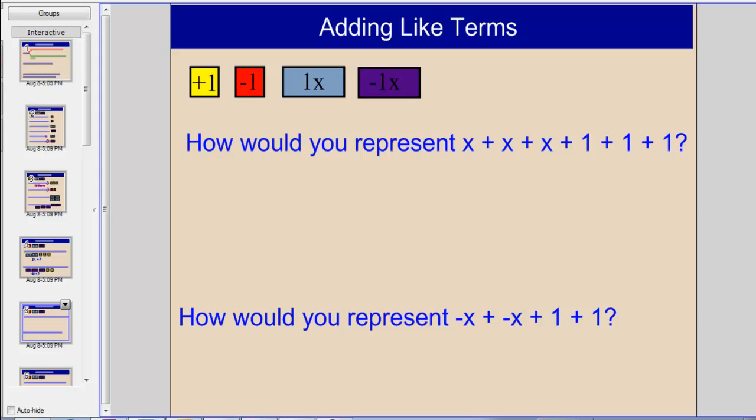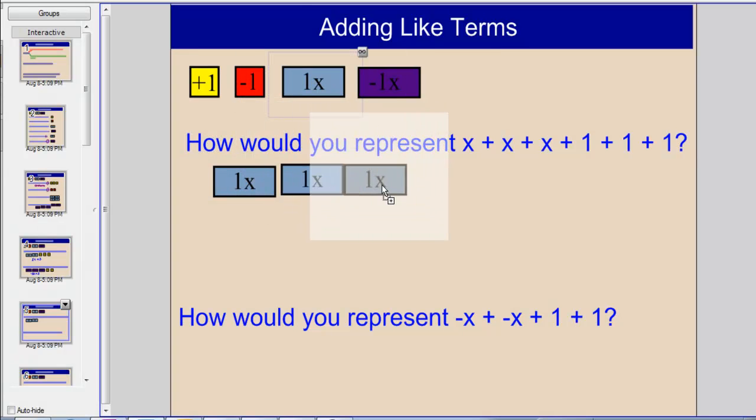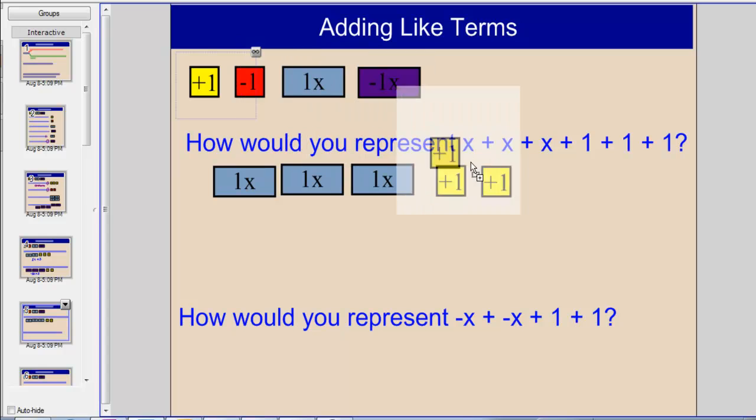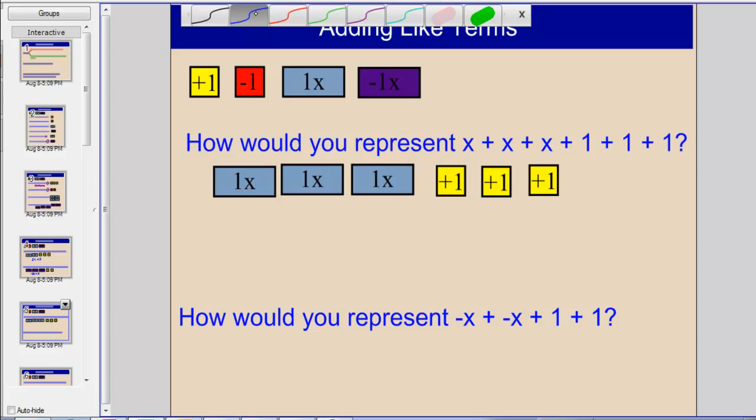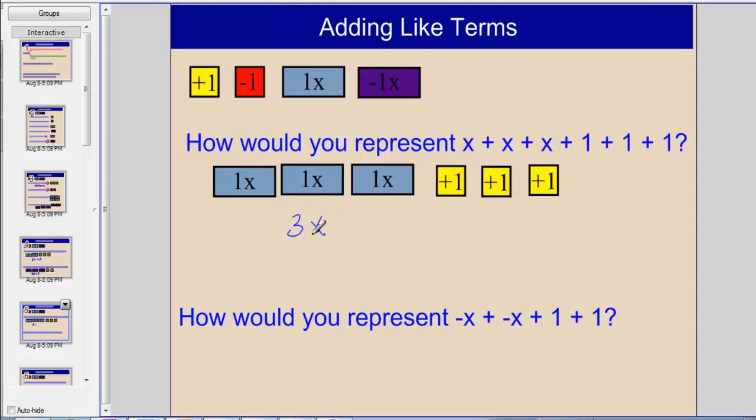So now let's look at the next problem. We have 3 x's. So let's represent that by dragging down 1x 3 times, and then we have 3 1s. So what do you think that would equal? If you think it equals 3x plus 3, you are correct.